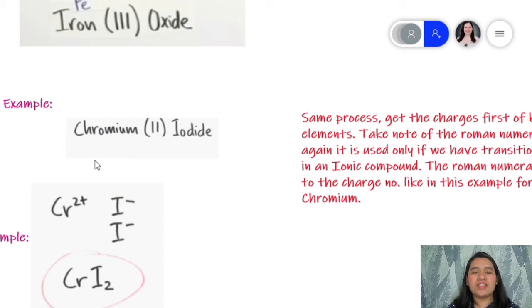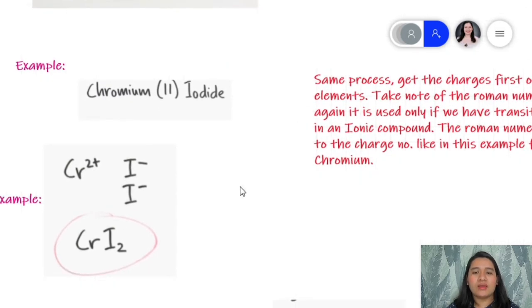So in this example, chromium 2 iodide, the Roman numeral 2 refers to chromium. Meaning chromium has a positive 2 charge. Alright. So Cr2 plus. Why Cr2 plus? Because we have a Roman numeral of 2 here.